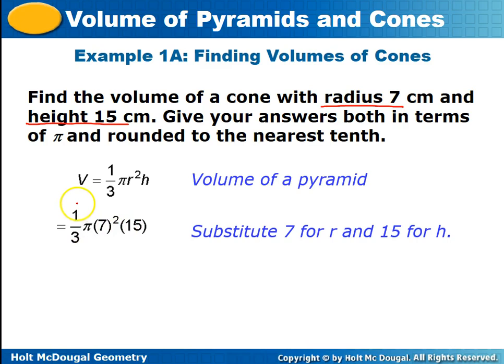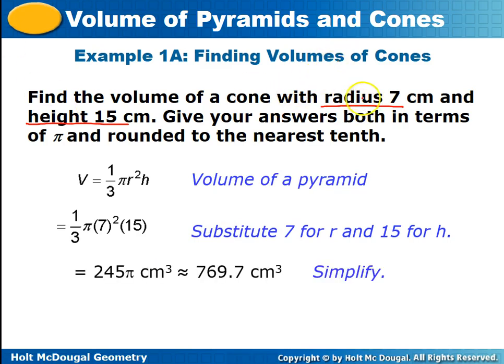And then I want you guys to recall that multiplying by 1/3 is the same as dividing by 3. So oftentimes when I do this problem, I do it this way. 7 squared times 15 divided by 3, and then I multiply that by pi, because again, that's how we're going to get our answer. And so we're going to have our two answers.